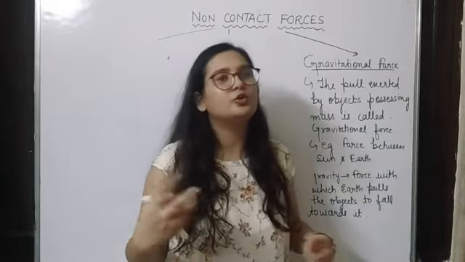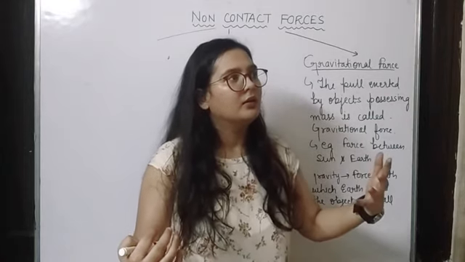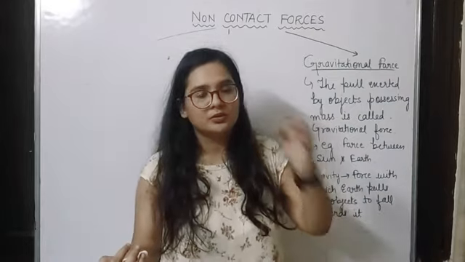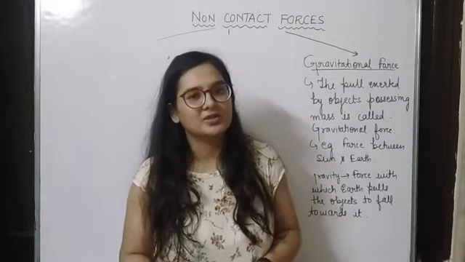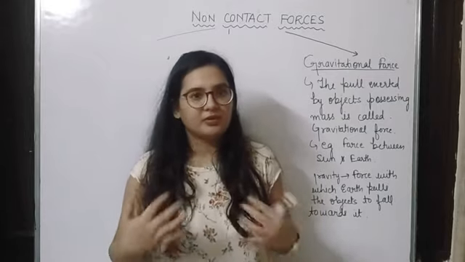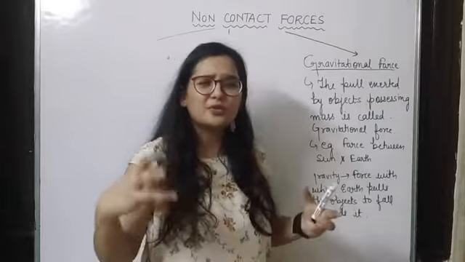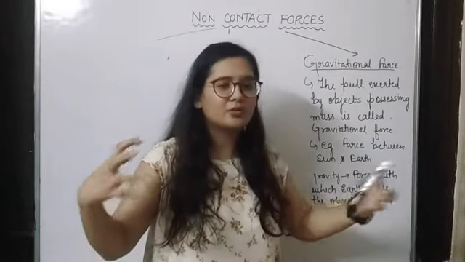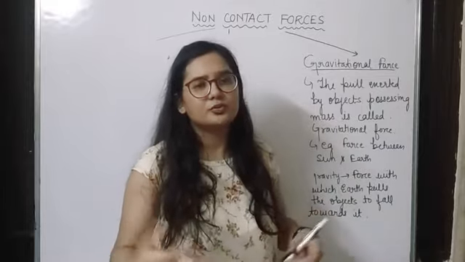It could be between two planets, or between the sun and the moon. It could be between any two bodies that have mass. For example, it could be between me and the board. This is also gravitational force. Because of this force of attraction, we are able to move about and do many things.